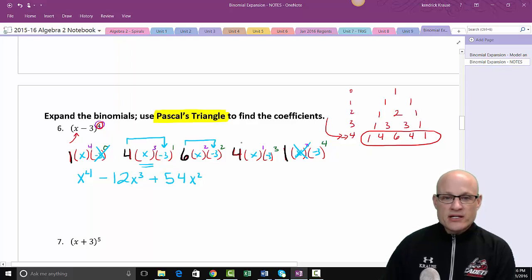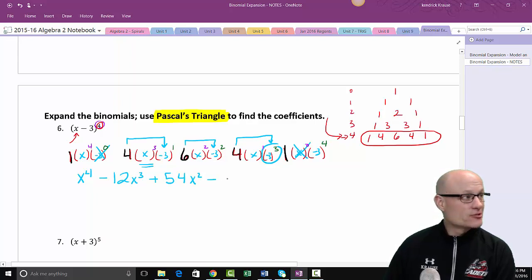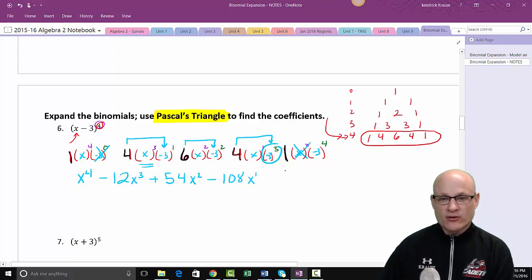And then 4 times negative 3 cubed, which is negative 27. And negative 27 times 4 is negative 108. x to the first. I can put the 1 there, I don't really need it. And then I've got negative 3 to the 4th, which is positive 81. And that is this binomial.